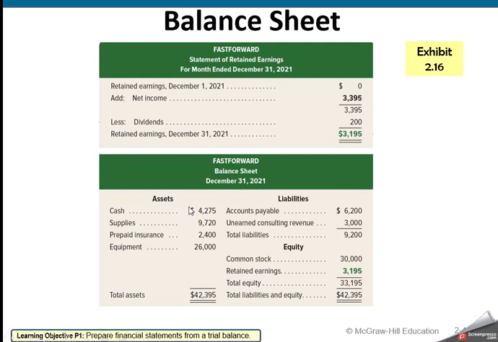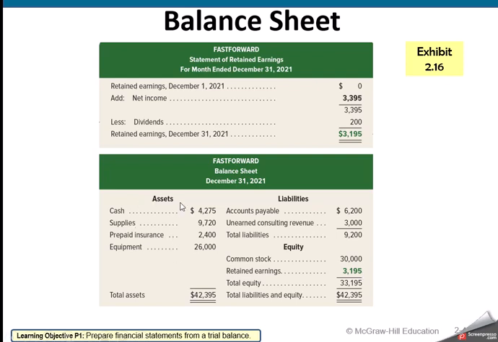But as we then go to our balance sheet, again, our balance sheet is the accounting equation, assets equal liabilities and equity. But the retained earnings balance that we calculated in the statement of retained earnings rolls down into our balance sheet. That is the only way that your balance sheet will balance, is if you've calculated this out first and you carry that ending balance down into the balance sheet.